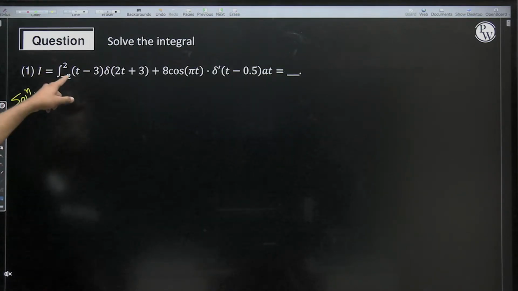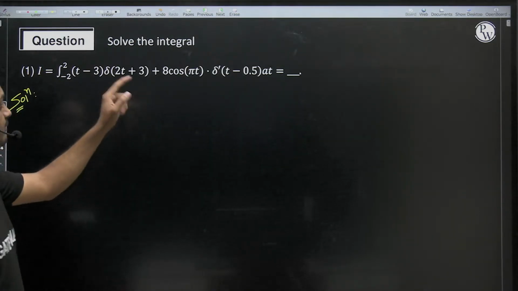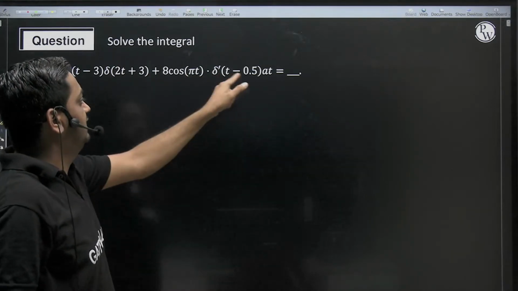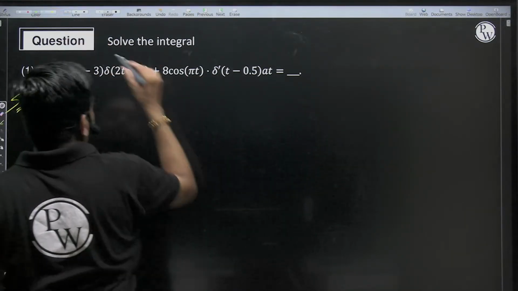Integration from minus 2 to 2 of (t minus 3) δ(2t plus 3) plus 8 cos(πt) δ'(t minus 0.5) dt. So this is nothing but what? The doublet function.